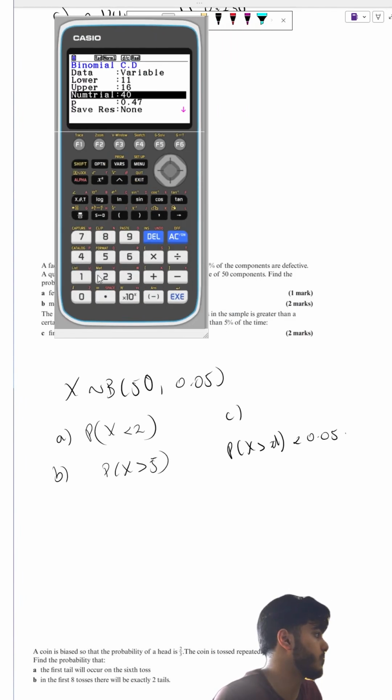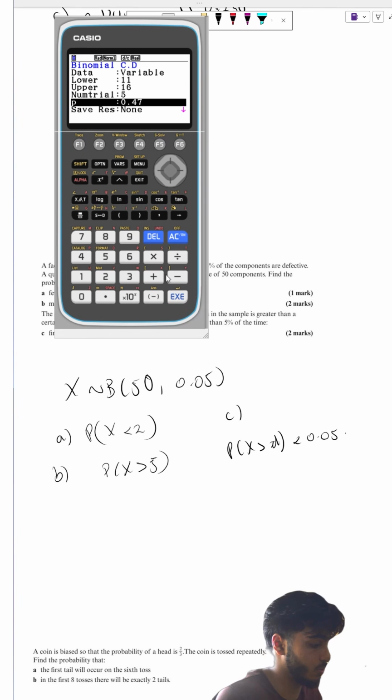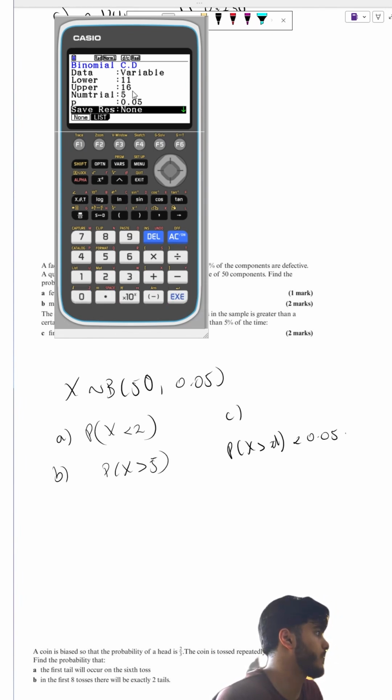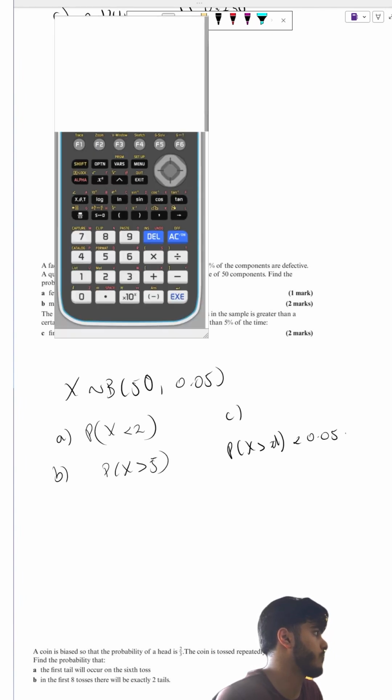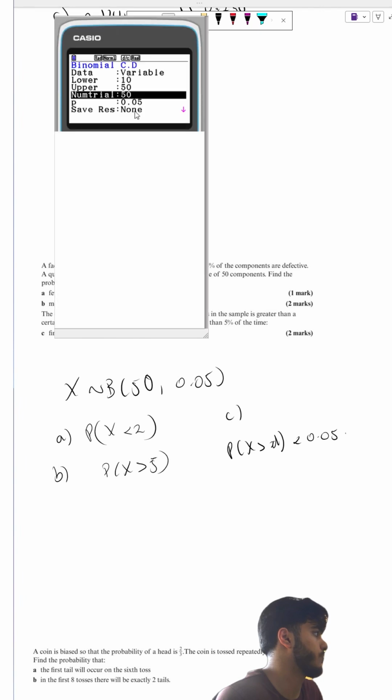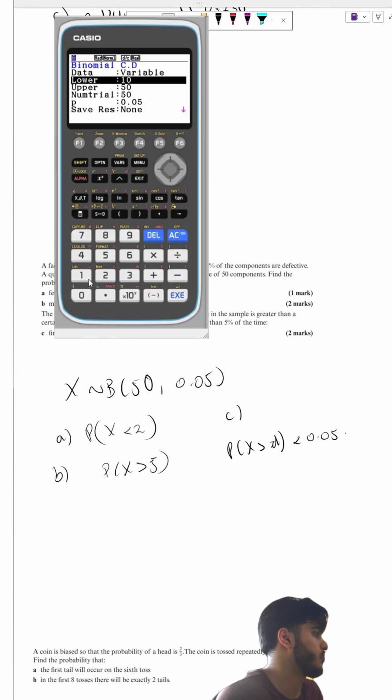So I'm going to distribute 50 with 0.05. For the top values, you just want it to be bigger than something. So I'm just going to put, for example, 10 and 15. So that's too small. Let's try 4. Okay, so 4 we get 0.234, too big. Let's try 8.